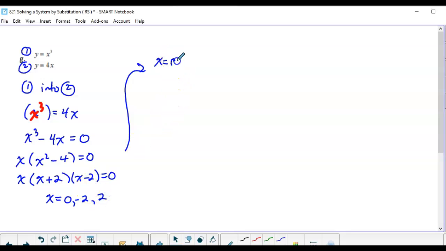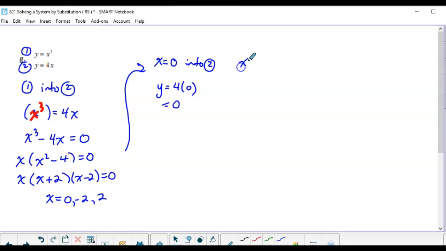So when x equals 0, then you want to substitute in either of these equations. So I'll do equation 2. Then we'd have y equals 4 times 0, which is 0.